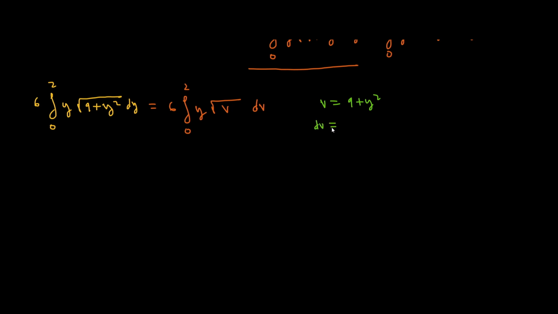And we're going to have to find the derivative of v, which is equal to 2y, and then we're going to solve for dy, and we're left with 2y. We could find the new limits of integration.